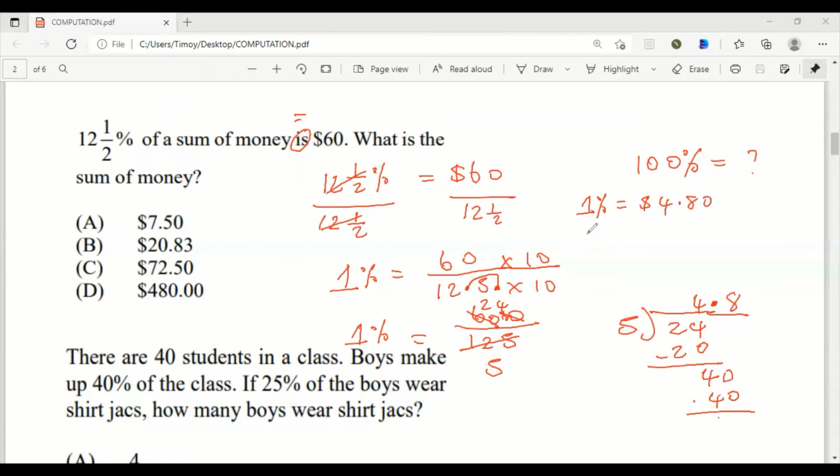So therefore, 100% of the money is going to equal $4.80 times 100, which is going to give us $480. So therefore, D is going to be our answer.